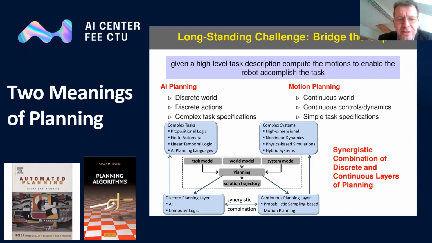But in motion planning, which is the same word, planning, the robotics people understand something totally different. They have a continuous world, they have continuous control and dynamics, simple tasks, usually pick and place, highly dimensional, nonlinear dynamics, physics-based simulation, hybrid solutions, and so on. So what is needed is somehow to bring the two together, to have a synergistic combination of discrete and continuous layers of planning.